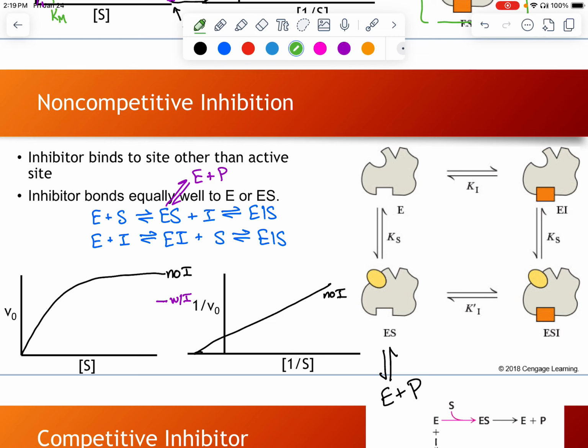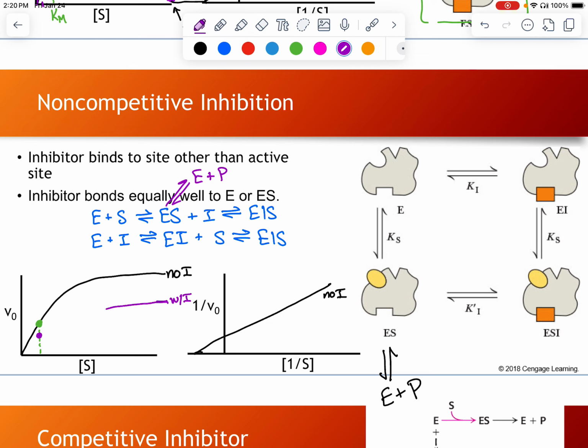So if I look at the half max velocity for the no inhibitor, it's right here. I know that my half maximum velocity for the inhibited one, I would start here, I'd go about halfway. So I know that I've got to cross this point because I need to have the same Km value.